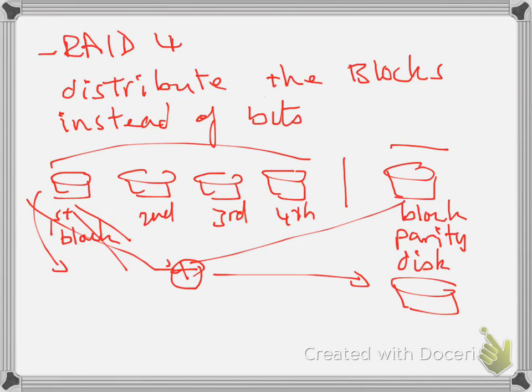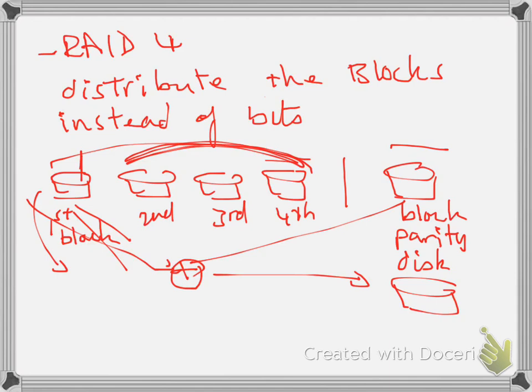This indicates that I don't have to include all of these while calculating the parity, as an example with this one. I will show the difference in a second when I go to the slides, between level 3 and level 4 and what is the benefit of level 4.